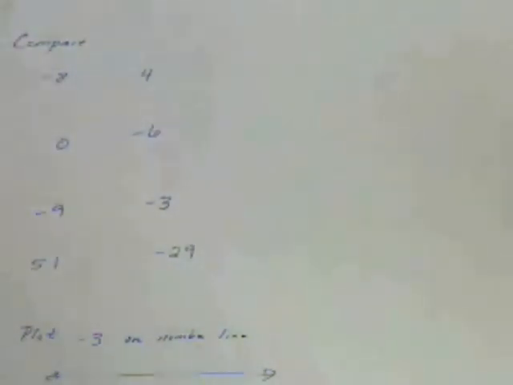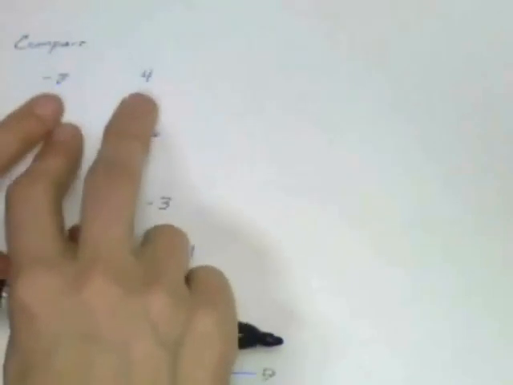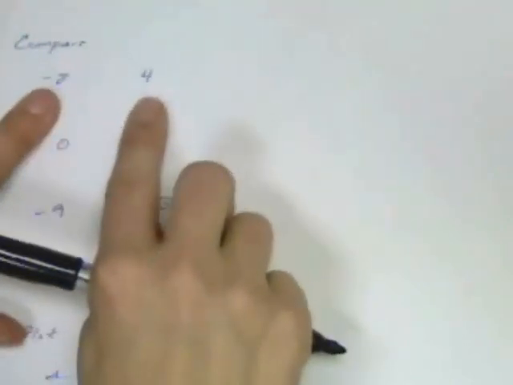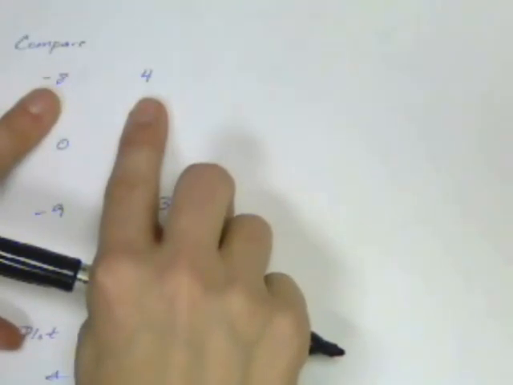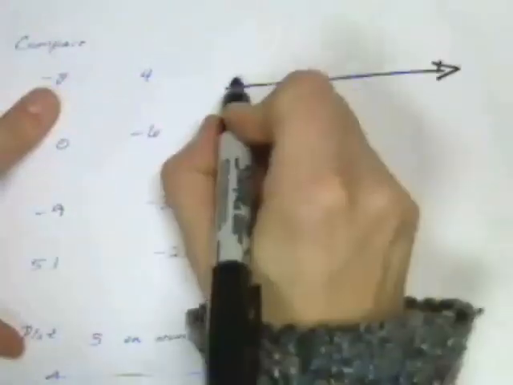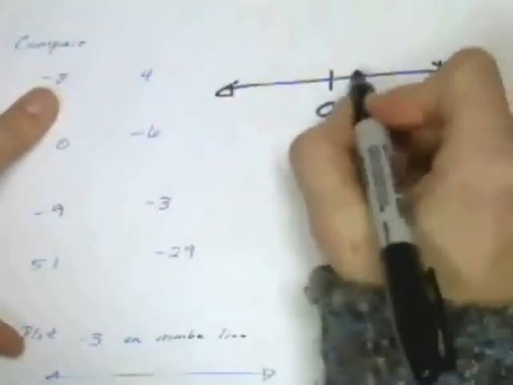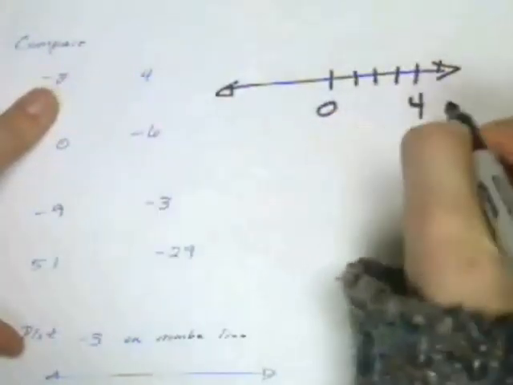So before we go through these comparisons, I've told you what the names of these symbols are, but I want you to notice something. And actually, I can just show you in the first one. If I'm comparing negative 8 to 4, which one's bigger? Well, you could go back to the number line if you wanted. We have a 4.